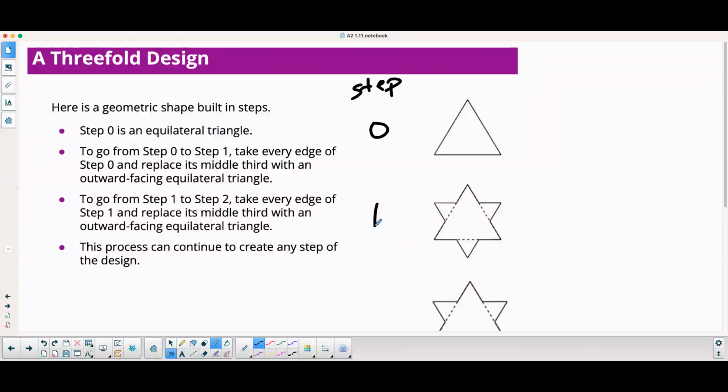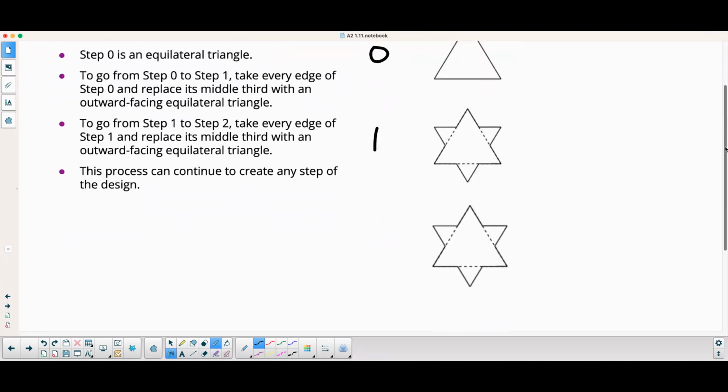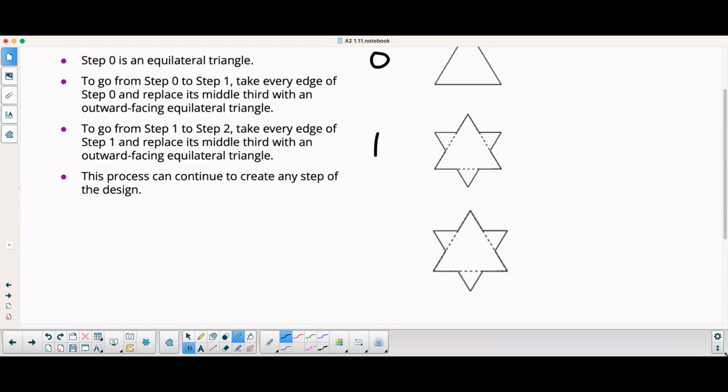And then to go from step 1 to step 2, take every edge of step 1 and replace its middle with an equilateral triangle. So kind of the same thing here. So I'm going to just draw my triangles right here.